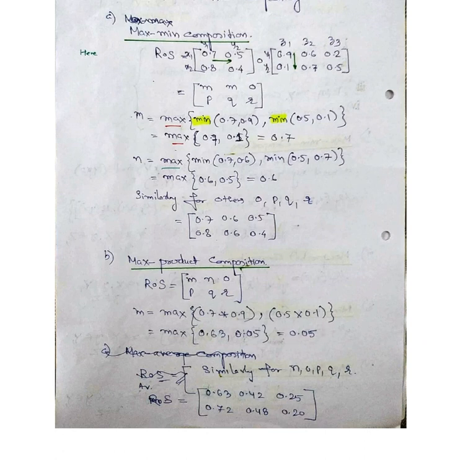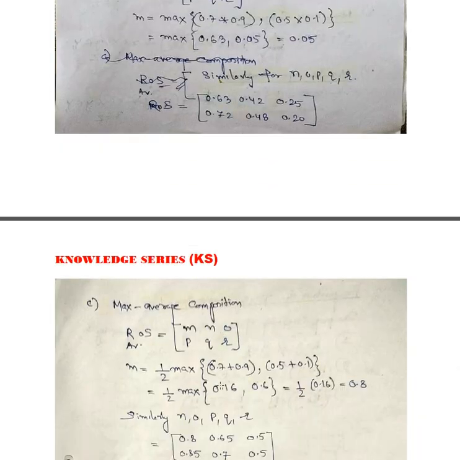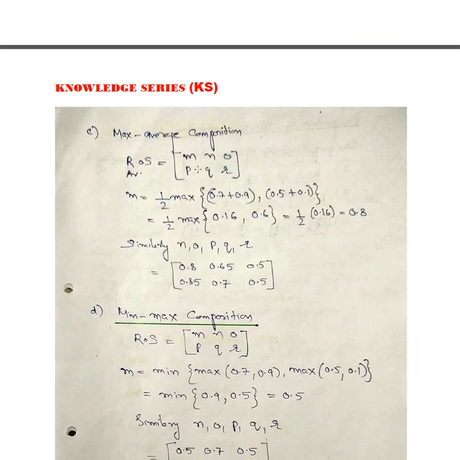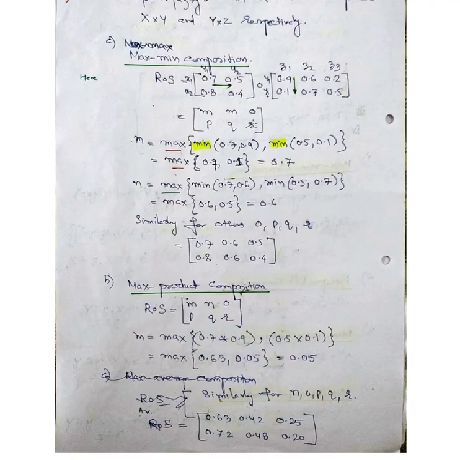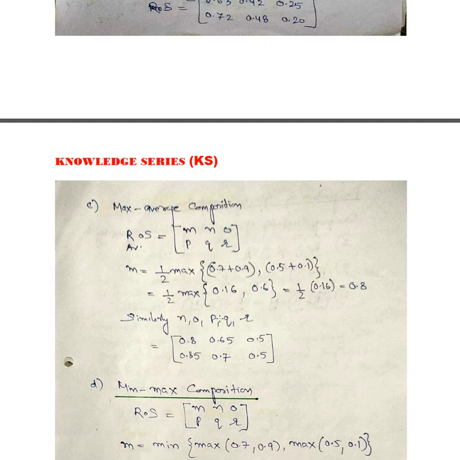This is 0.63. Among these two, which is the value? 0.6. That is what you try here. So this is how you do. For average, what do you do? You do the average. After finding the summations, you take the two values. That means you sum these two values, 0.7 plus 0.9 divided by 2. Like that, you carry out and do all the calculations for all the sections.